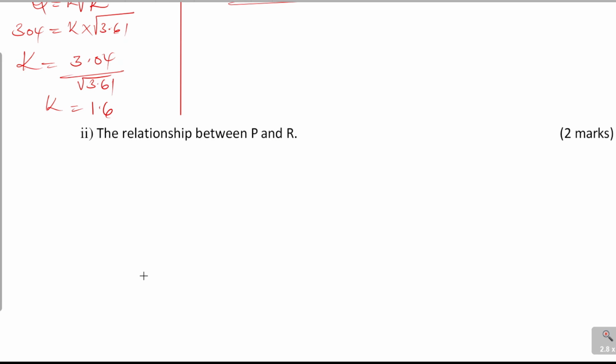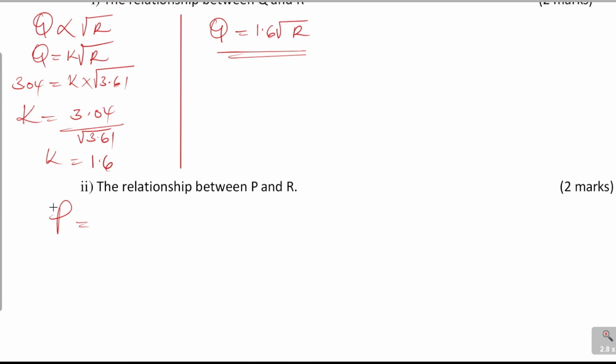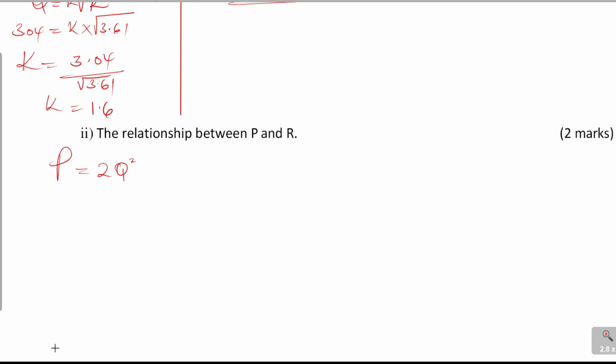P is equals to 2Q squared minus 5 over Q.